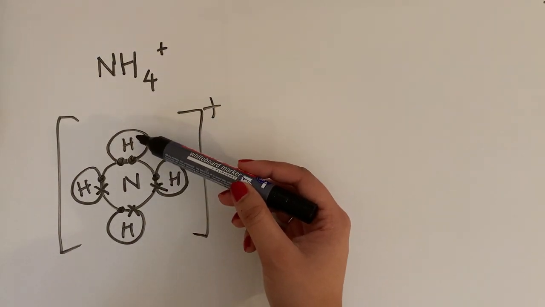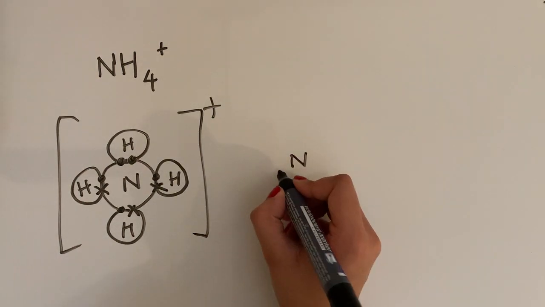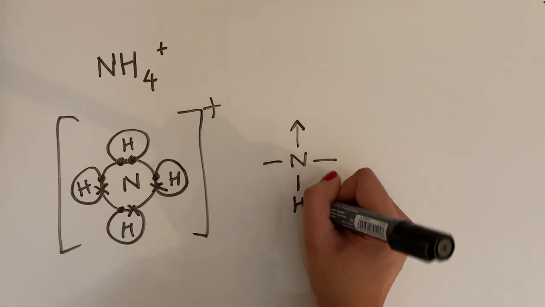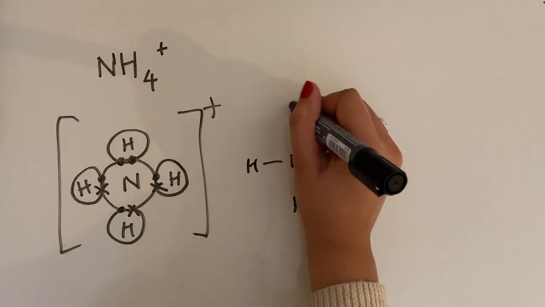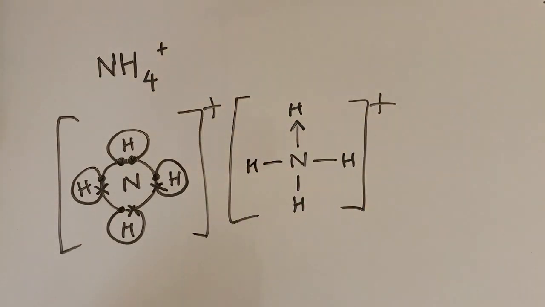The hydrogen didn't have any, so this is a dative covalent bond. If we wanted to draw that, it would be an arrow for this hydrogen here, like that.